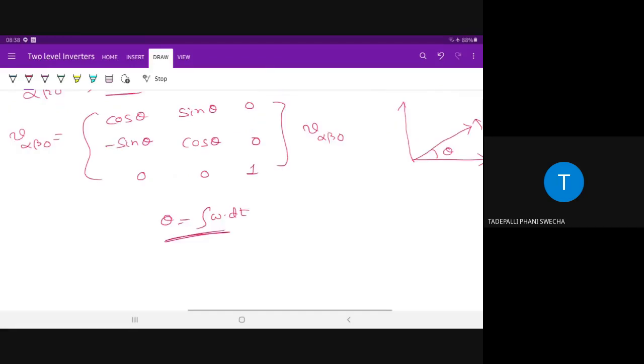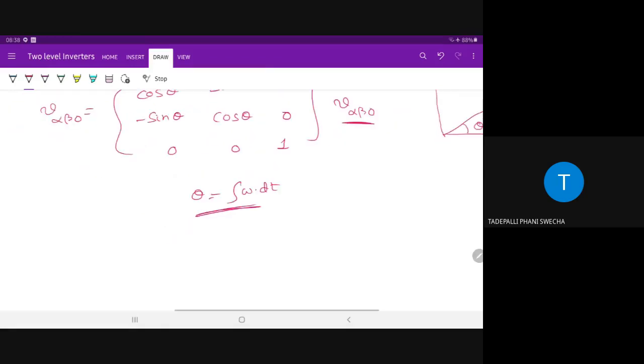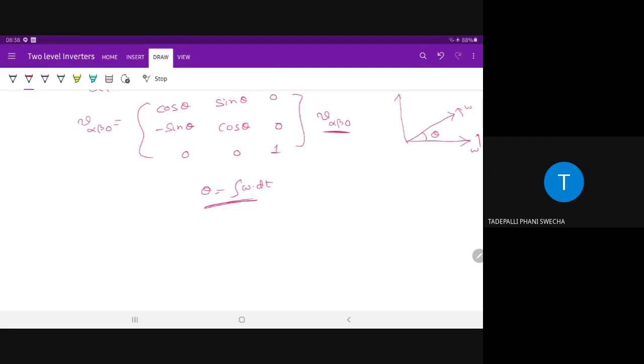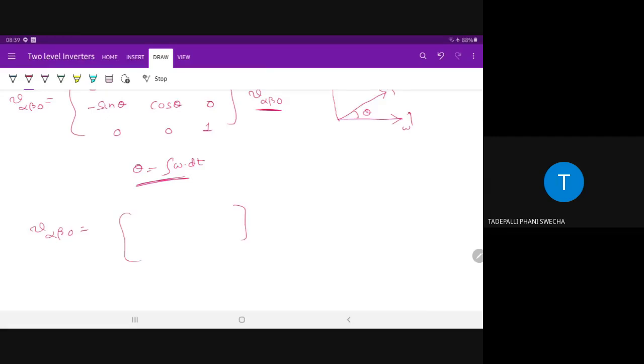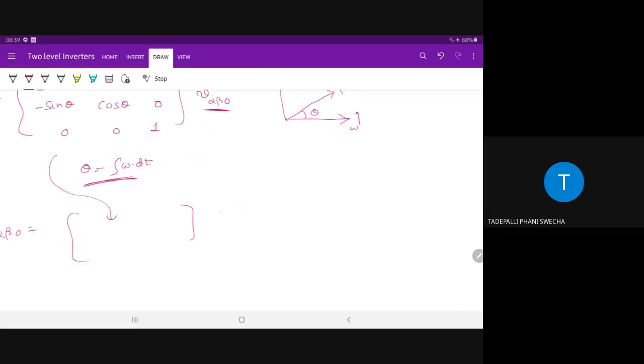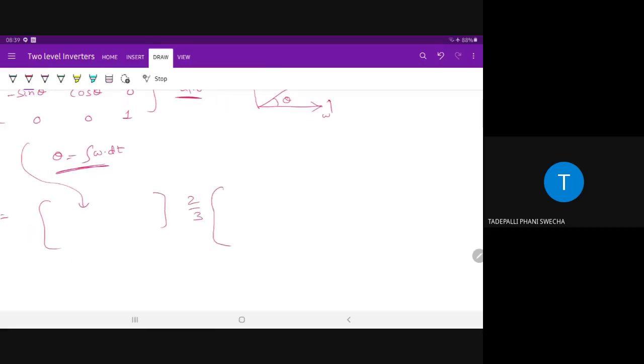Clear? So we have this alpha beta 0, that is V alpha beta 0, the same matrix. This is 2 by 3 again, and you have 1, minus 1 by 2, minus 1 by 2, 0, root 3 by 2, minus root 3 by 2, and 1 by 2, 1 by 2, 1 by 2, into this VA VB VC.